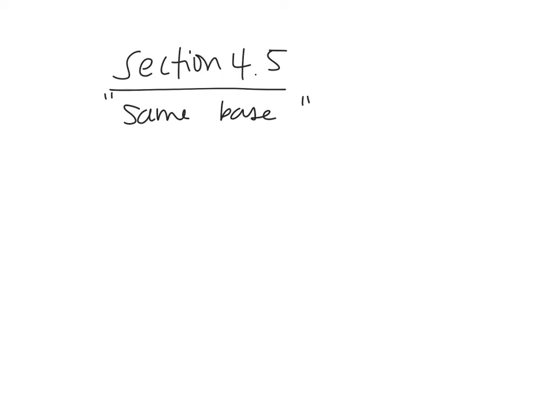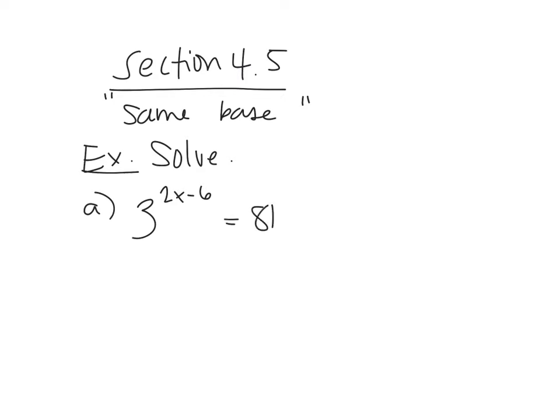And here, let me put up our example. So our example here is that we're going to solve for x. Okay, so the first part is 3 to the 2x minus 6 equals 81. So here our goal is to rewrite both pieces to have the same base, because what we're going to be using is that one-to-one property where if I have b to the x equals b to the y, then I know since they're one-to-one that x is equal to y.